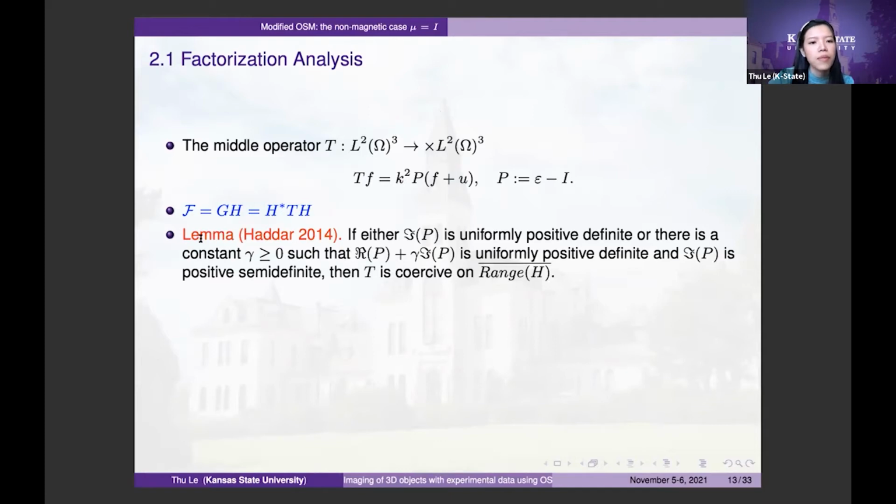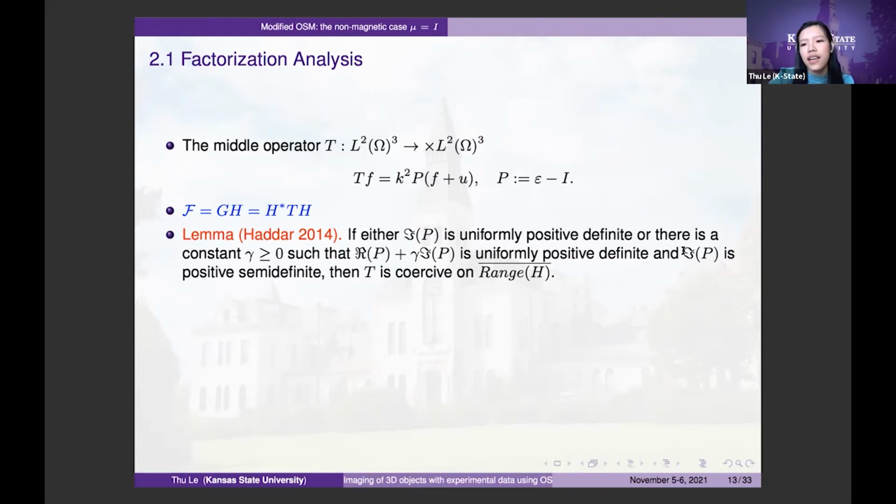Then we come to this lemma, proposed in 2014 by Haddar. Assume that the imaginary part of P is uniformly positive definite, or there is a non-negative constant gamma such that the real part plus gamma times the imaginary part is uniformly positive definite.